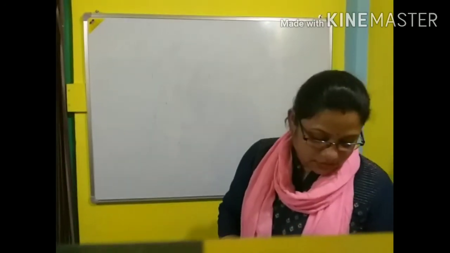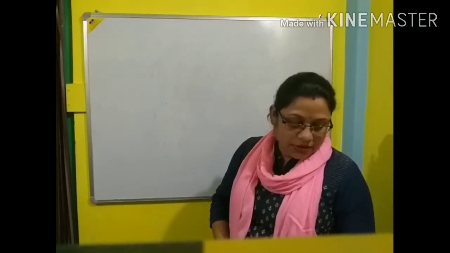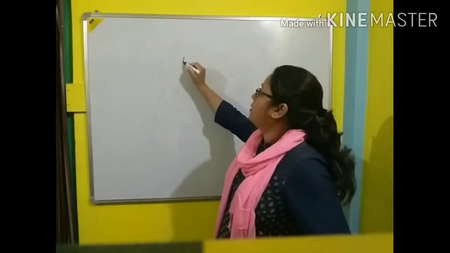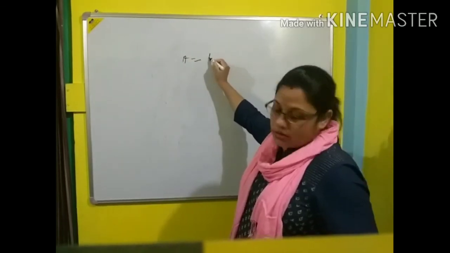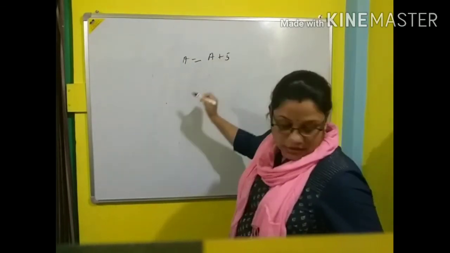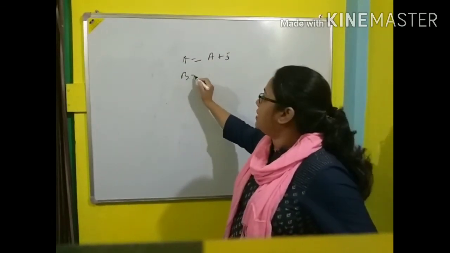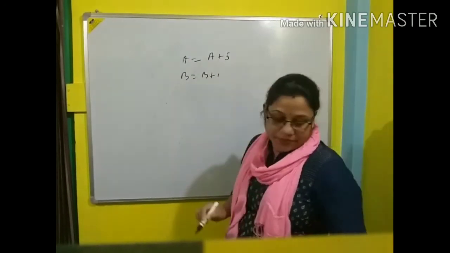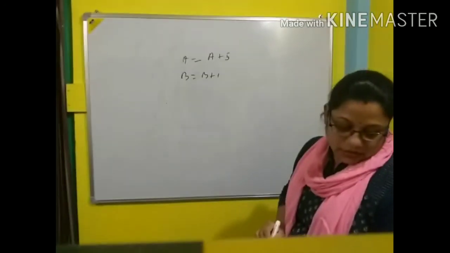After that, write the shorthand form of the following. A equal to A plus 15 and the second one is B equal to B plus 1. Okay.